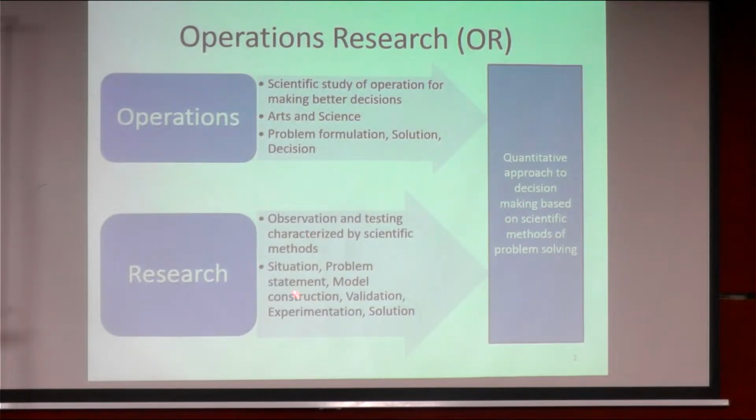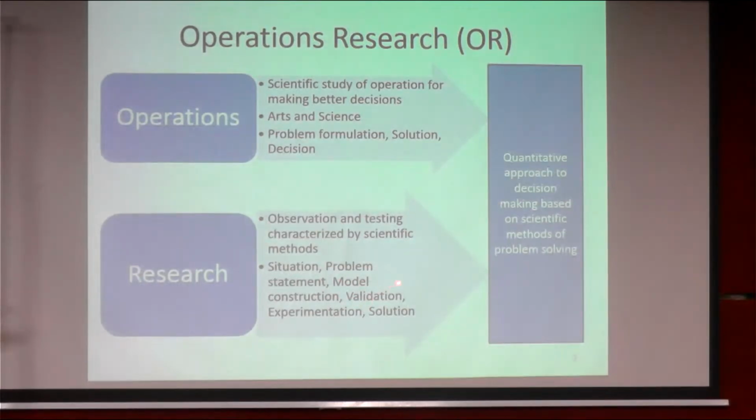Then you formulate the problem statement, define it, model it, then validate it, because before directly applying it on the shop floor, you first take everything and go for modeling, analysis, simulation, whatever, in the computer.